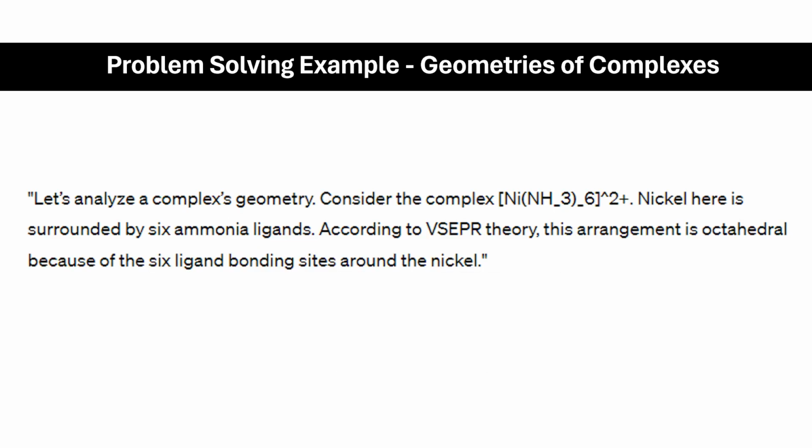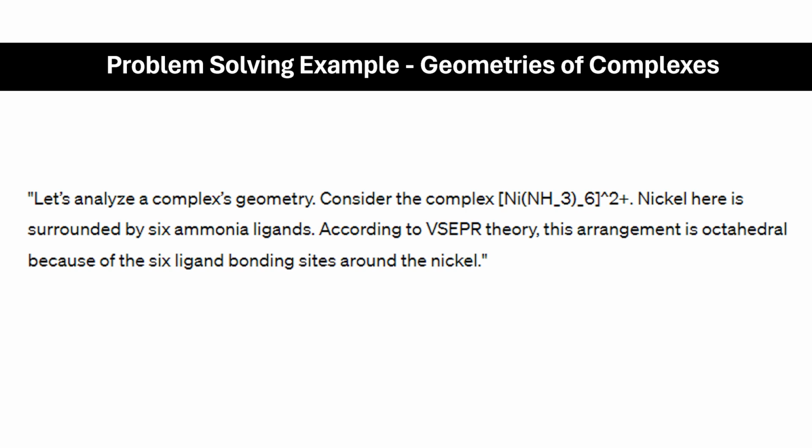In terms of simple problem solving, it usually involves identifying the geometry of complexes. If we can remember the VSEPR, you can look it up in the previous lessons. Consider the coordination compound involving nickel and ammonia with a charge of +2.